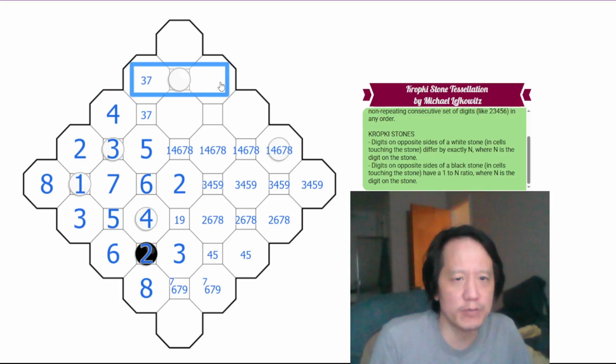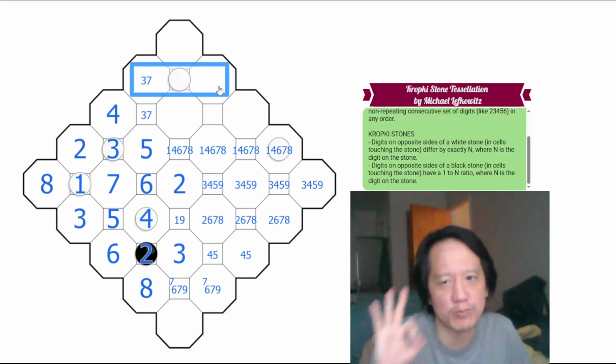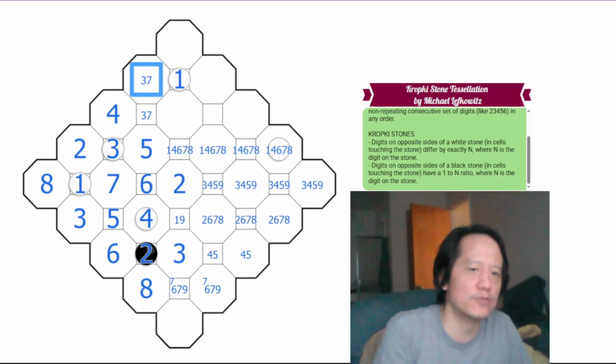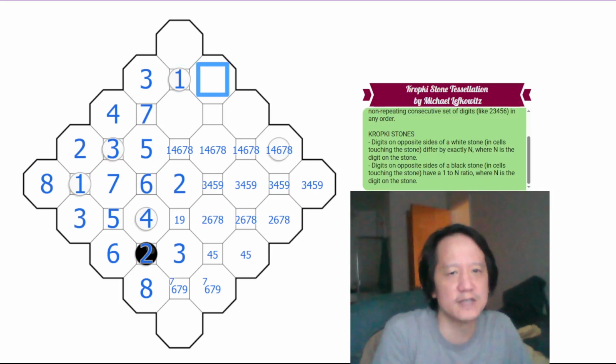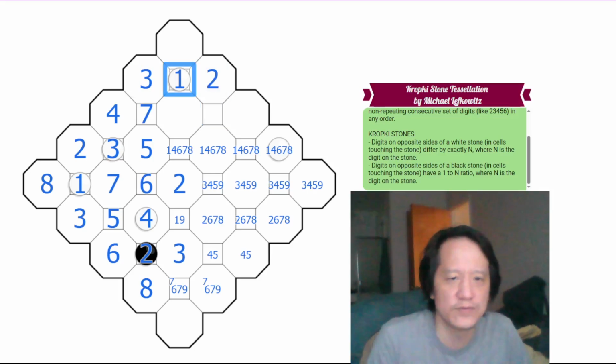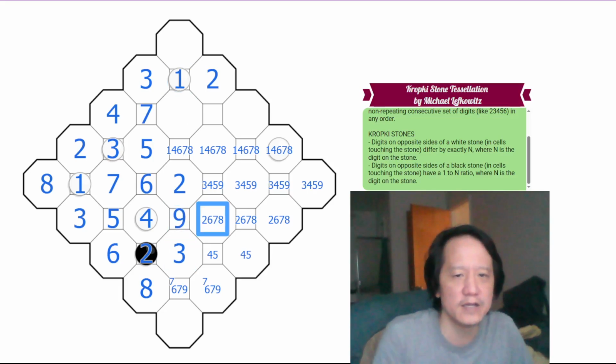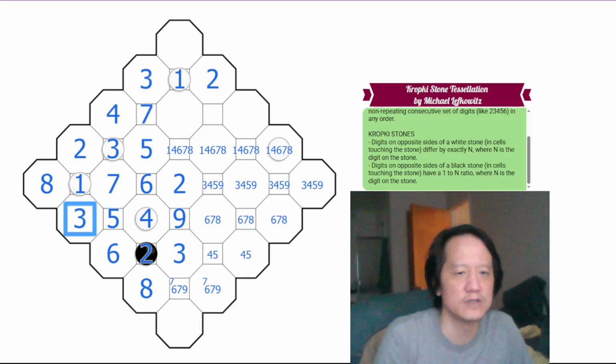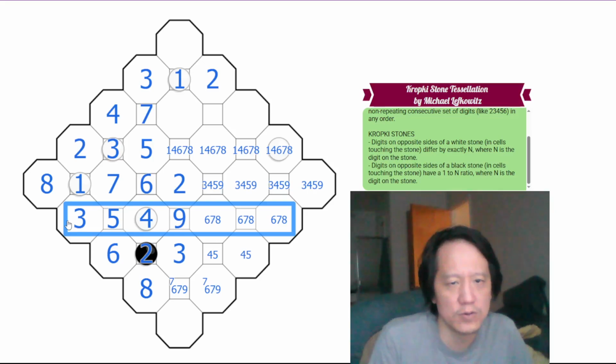Again, this Renban cannot have a difference of greater than 2 because this is only 3 length in Renban. So this has to be 1. So this must be 1 with this being 3 and that's 7. So this is 2. This is a difference of 1. This 1 eliminates 1 here, so this is 9. Therefore, this must be a 6, 7, 8 triplet in the rest of this row.